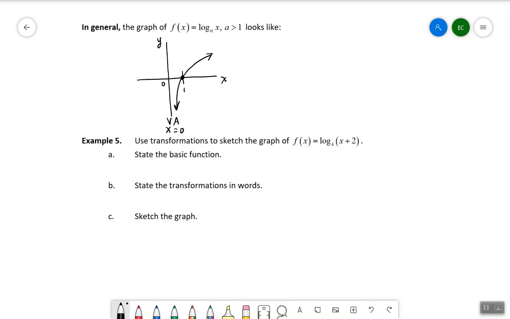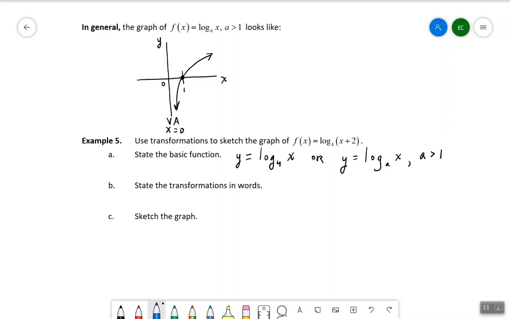Okay, and then in example 5, let's sketch a transformation of that function. So we have f of x equals log base 4 of x plus 2. So what's the basic function? You could write log base 4 of x, or you could generalize just a little and write log base a of x, where a is greater than 1.